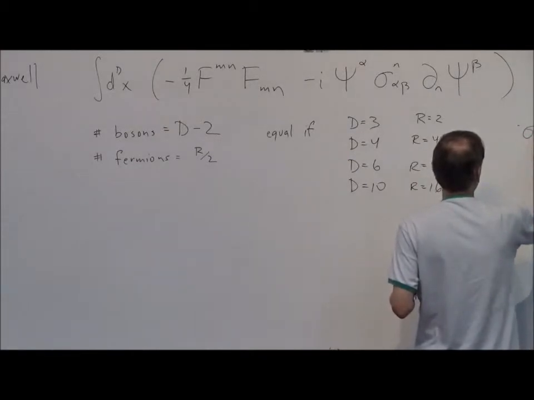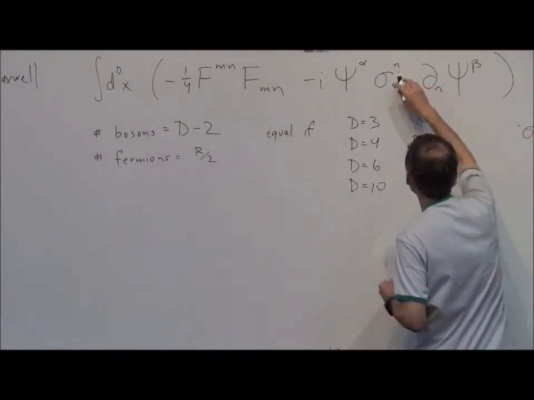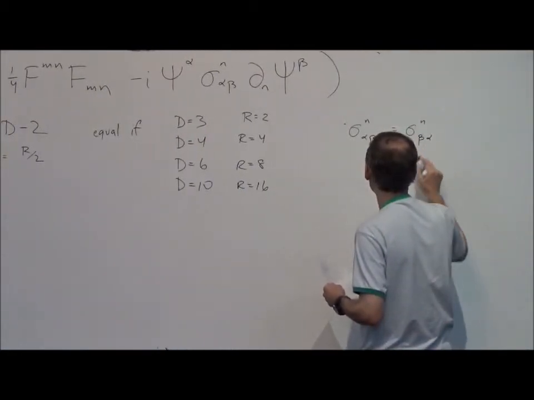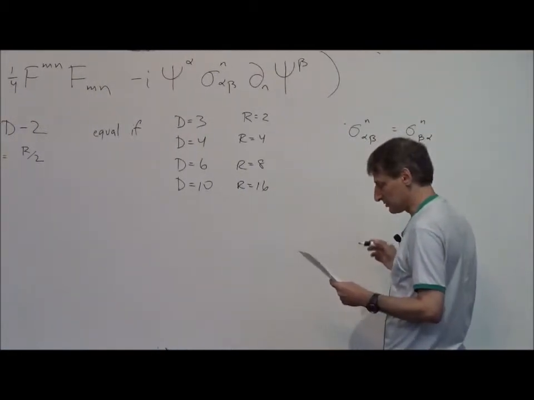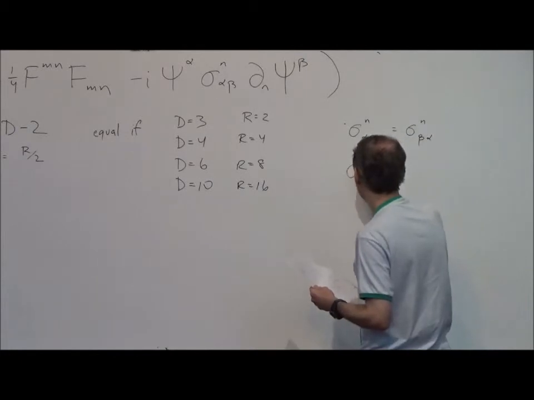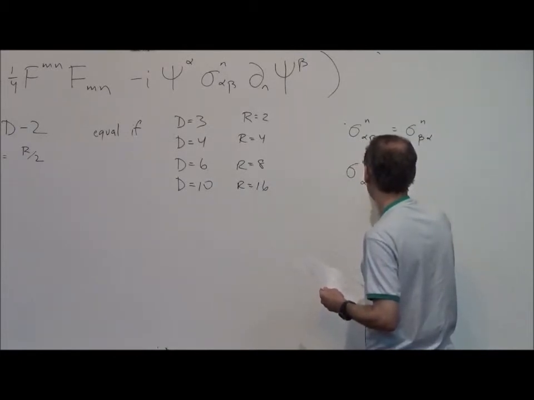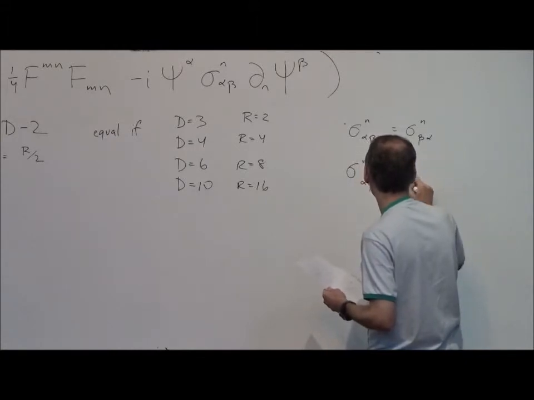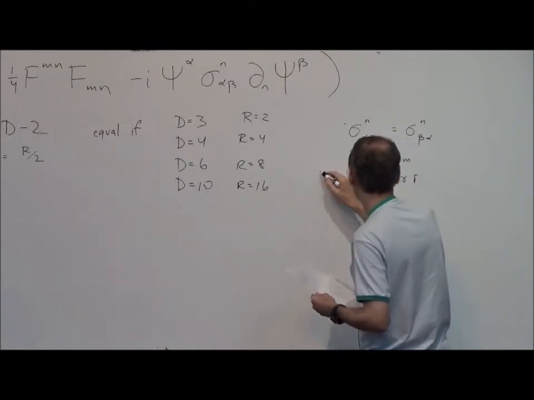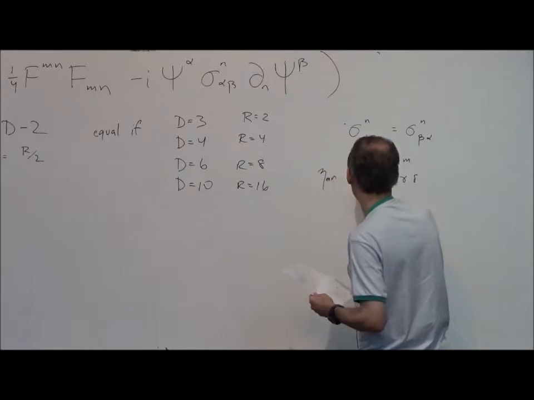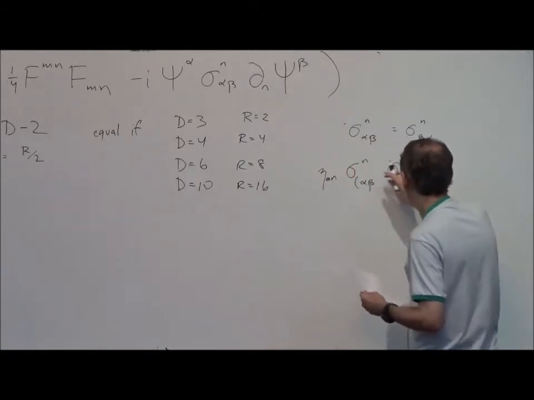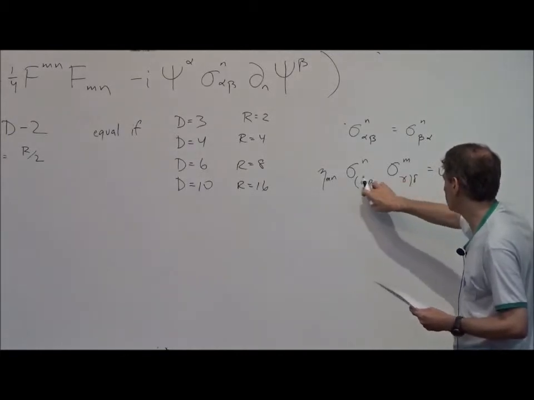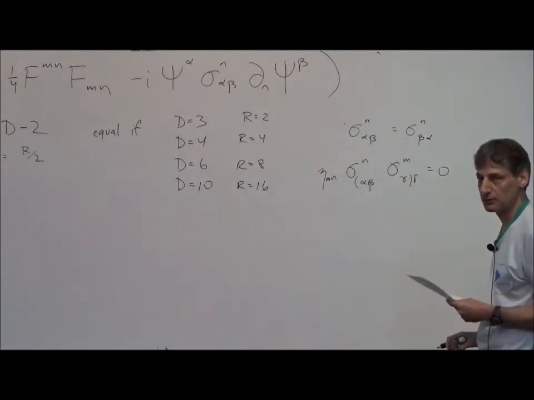It turns out in these dimensions, you can choose these matrices to be symmetric. And they satisfy a certain property, which is only true in these dimensions: you contract the vector indices and symmetrize in the first three spinor indices, and you get 0.